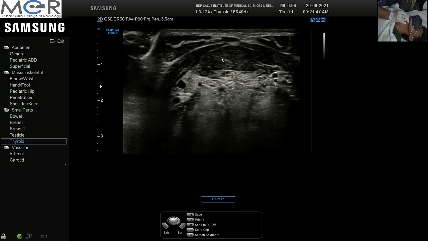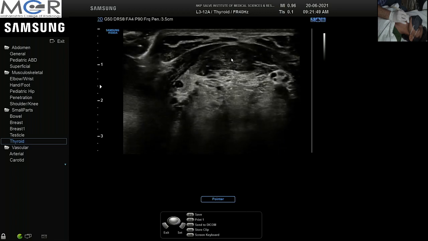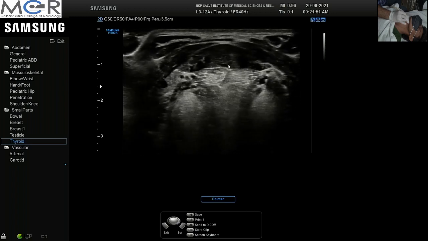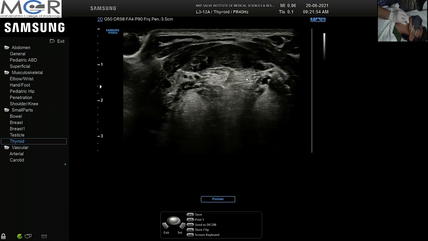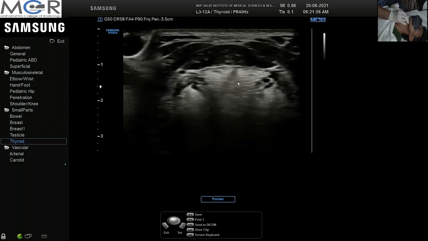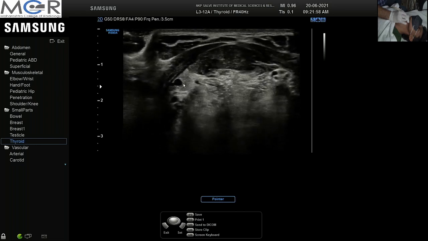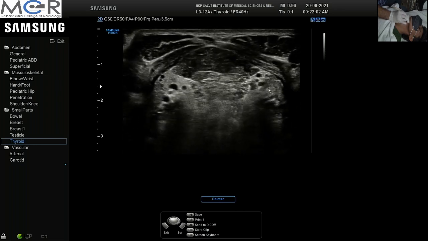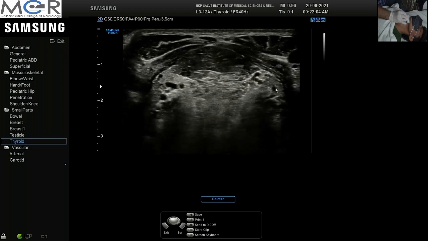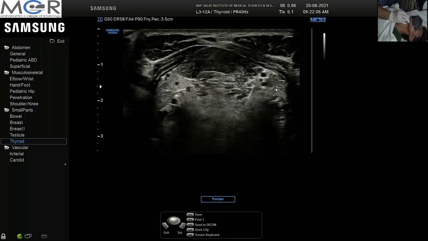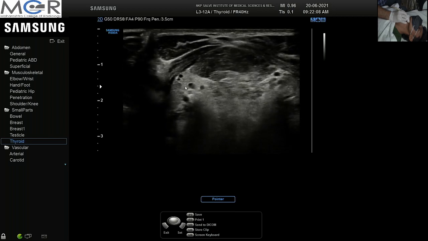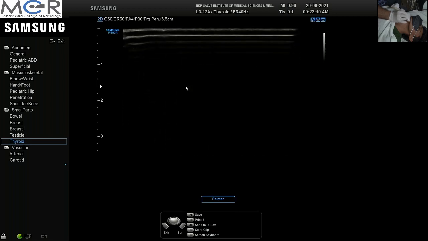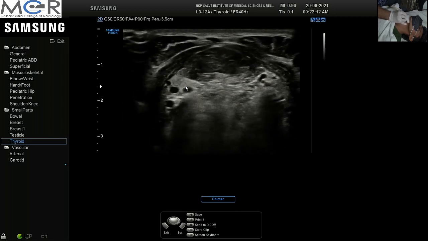This muscle in the center is the geniohyoid muscle. Then on either side we have genioglossus, and laterally on either side we see the sublingual salivary gland. This has got classical salivary gland signature. So this is the anatomy in this particular region.